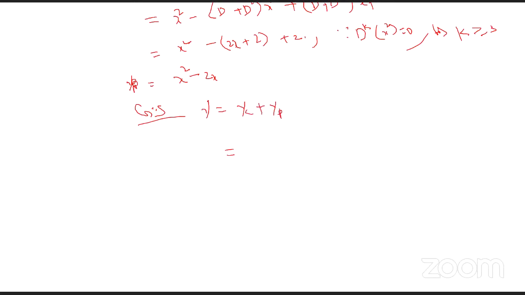What is the complementary function here? e^(-x/2) into (C1 cos(√3/2 x) + C2 sin(√3/2 x)) plus x² + 2x - 2.